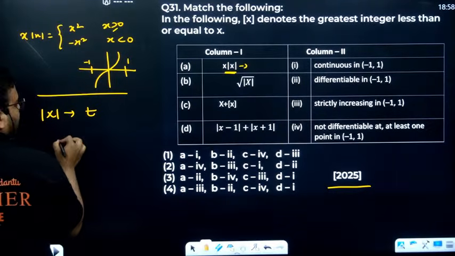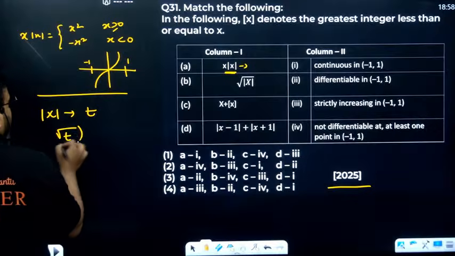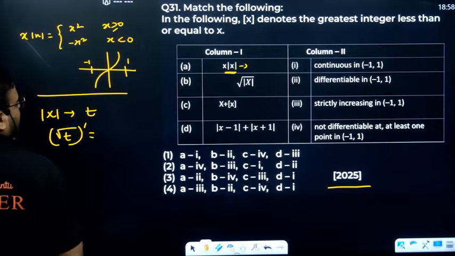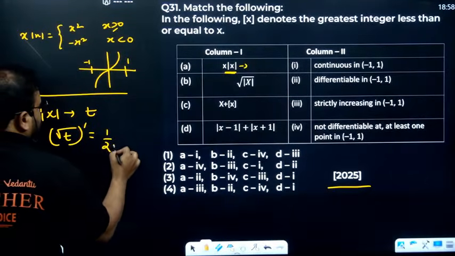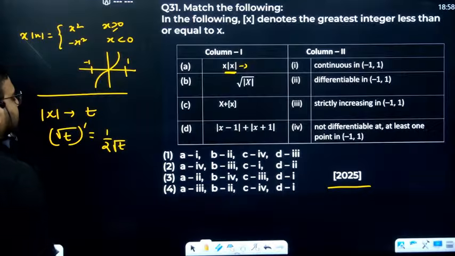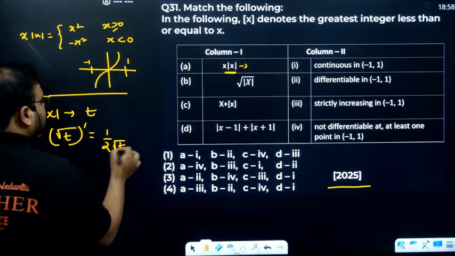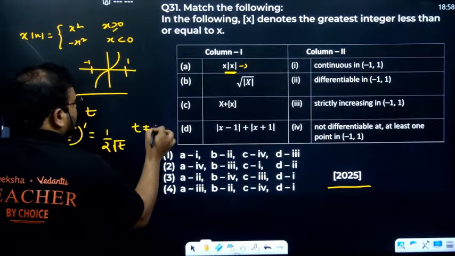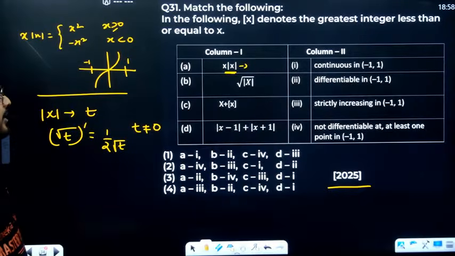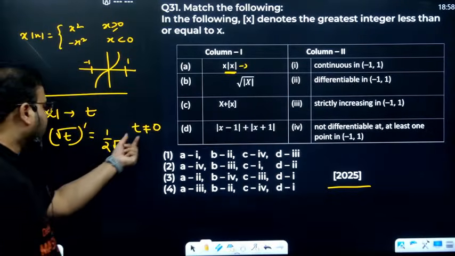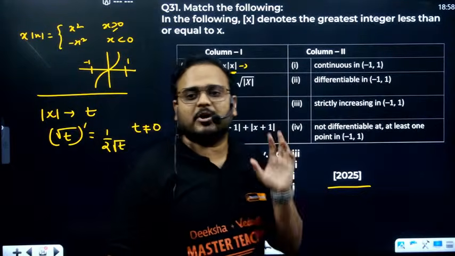So basically what I have in the question is root of t. Differentiate this. You're going to have 1 by 2 root t. It means clearly t cannot be equal to 0. T cannot be equal to 0 means over here one condition is clearly not possible.